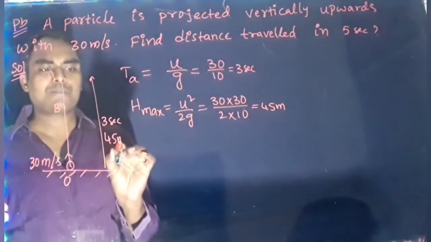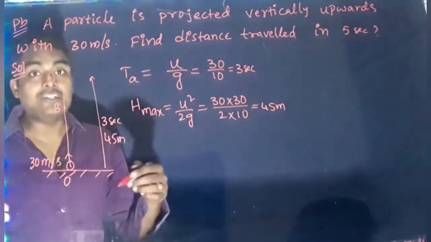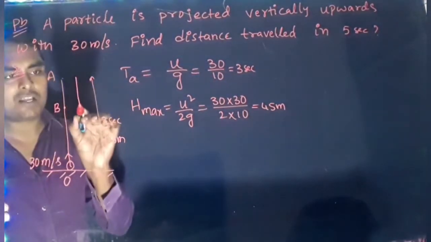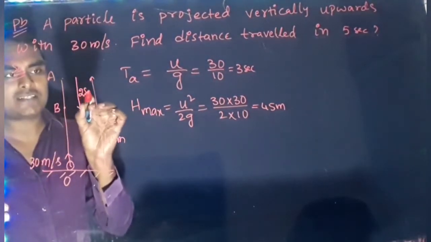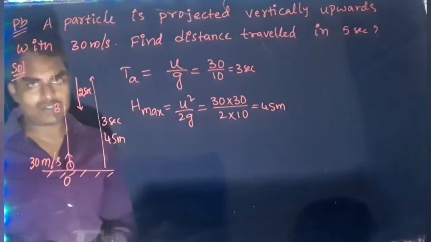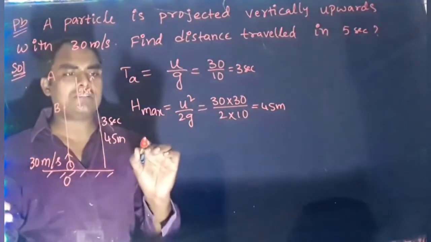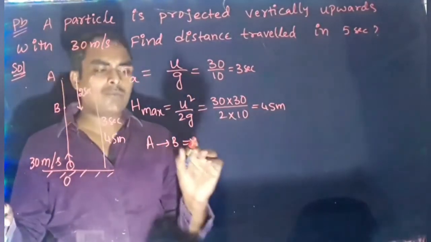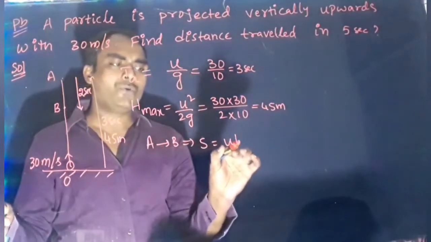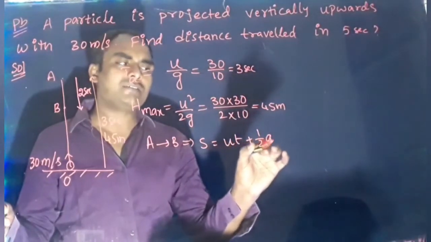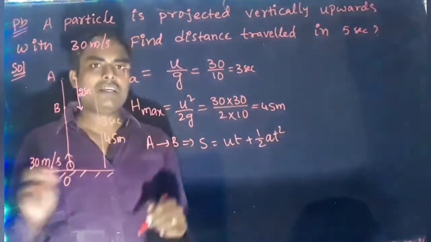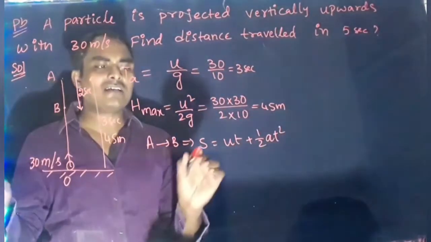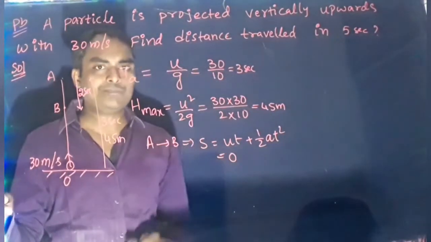45 meters. Next in 2 seconds it will be coming down. This is in 2 seconds. Let us find this distance, A to B. Let us use the formula s equal to ut plus half at square. So A to B, at A initial velocity u is 0.